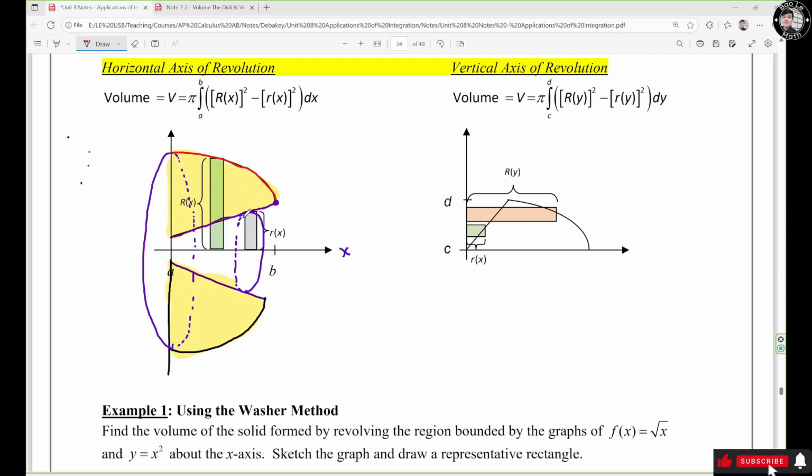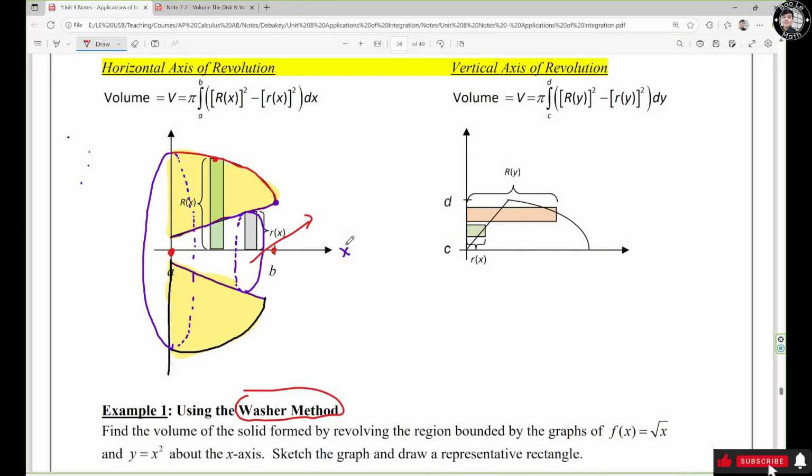When you see a hole in the middle right here, then you're gonna use the washer method. Alright, so basically the volume is going to be pi integral from a to b of the bigger radius, which means the outer radius, right? The distance from the outer function right here to the center.